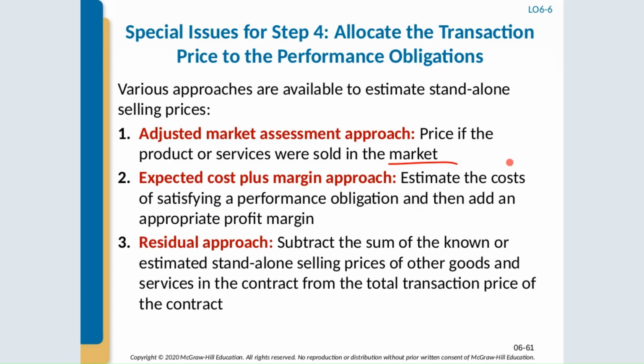So we can use the cost of producing the product plus the profit margin that we want to make on that. And there's also the residual approach. So if I have two items and I know the price of one of the items and I have a package deal, then I'm just going to plug that difference to the item that I don't know.